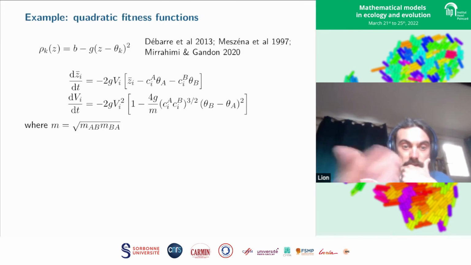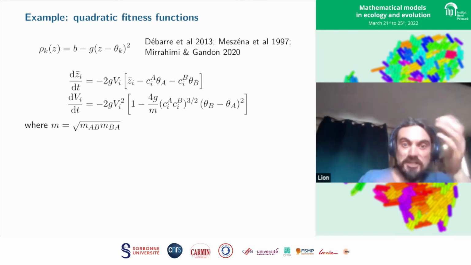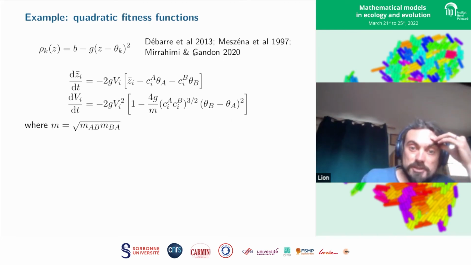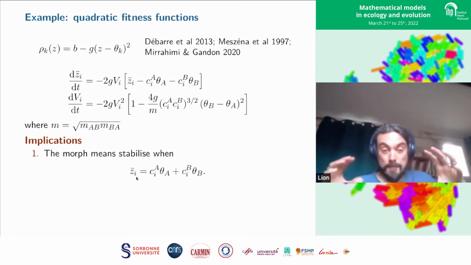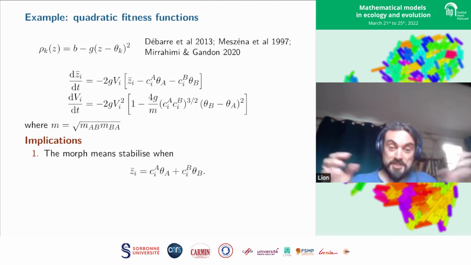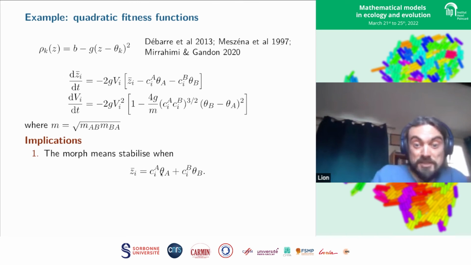For instance, in the case of a quadratic fitness function, which has been addressed in these papers previously, we have some very insightful expressions. Why is it insightful? Because first, the implication is that the morph mean stabilizes when it reaches the reproductive-value-weighted optimum of each habitat.